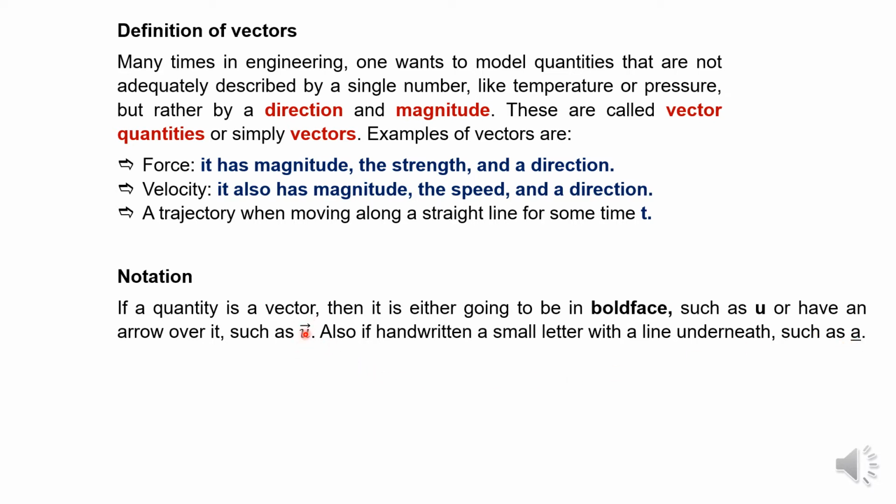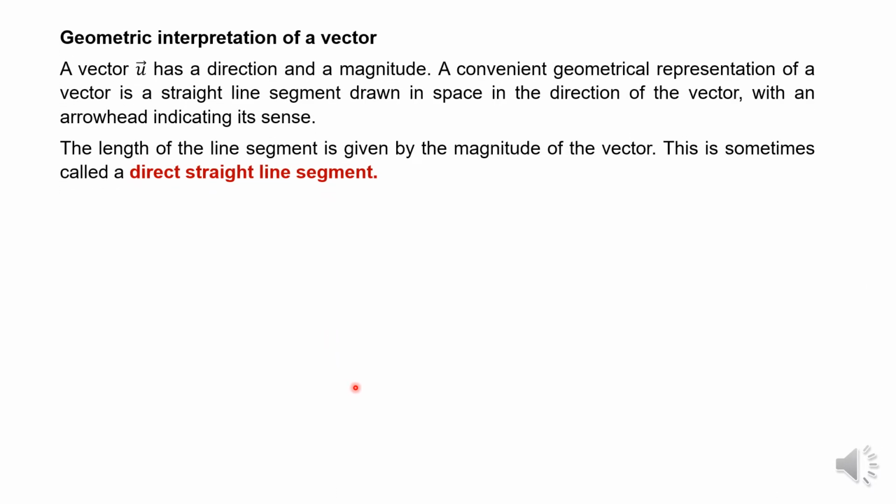These are all referring to the same thing. So the interpretation of a vector is a direction and magnitude. So it is a convenient geometrical representation of a vector. Okay, so we're going to use a lot of grids here, and then you can see exactly the direction and the magnitude of a vector.